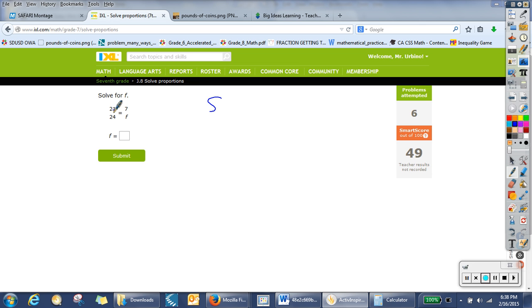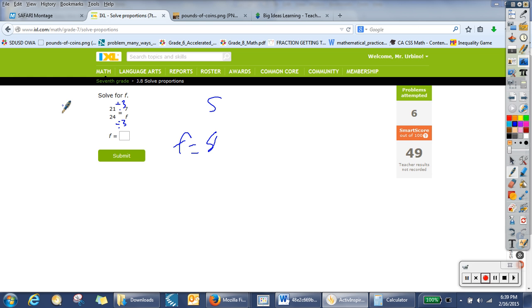I'm going to simplify 21 to 7. That would be 3. 21 divided by 3 will give me 7. So I need to do that to my bottom number as well. 24 divided by 3 will give me 8, so f is equal to 8.